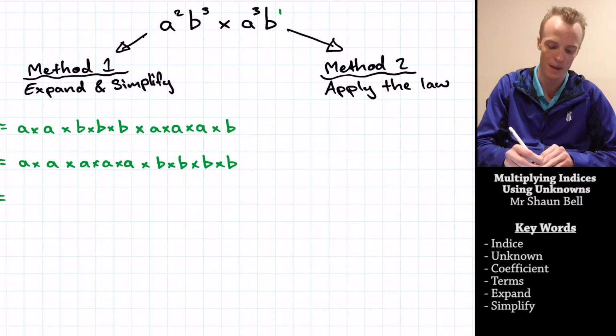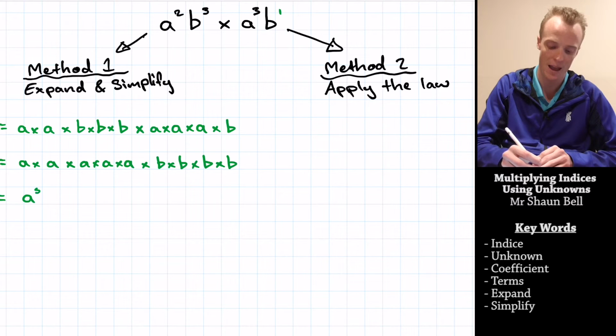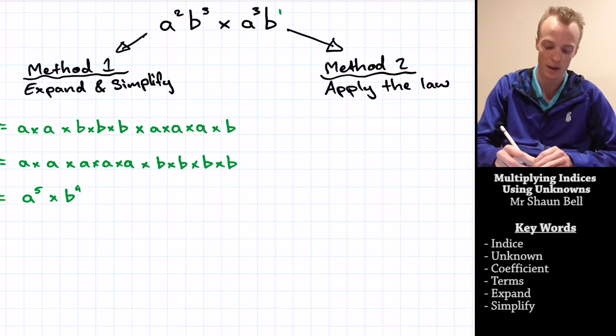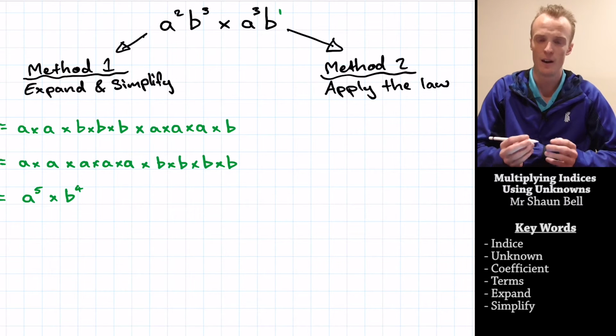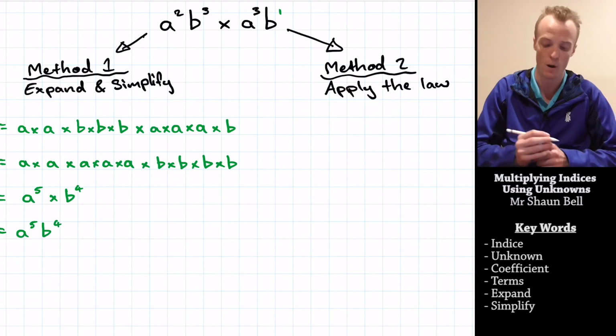So I'm going to keep that base, which is a, and it multiplies itself 5 times, so it's a to the power of 5. Then that is multiplied by b, multiplied by itself 4 times, so it's b to the power of 4. Finally, when I'm writing this in simplest terms, I don't need that multiplication sign, so that is equal to a to the power of 5, b to the power of 4.